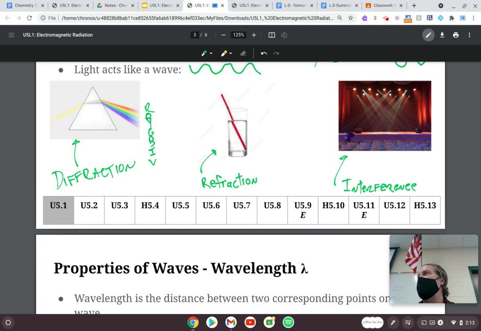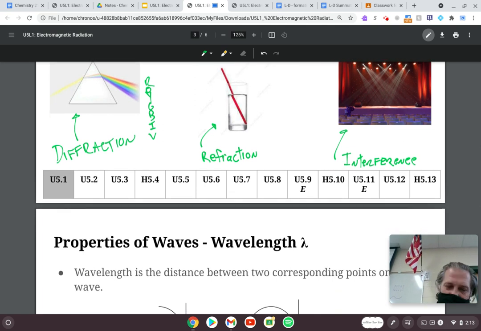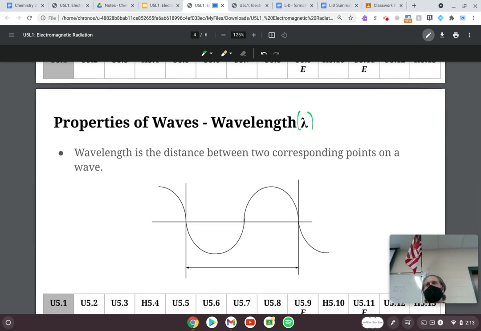So there are some other properties of waves that you're going to be responsible for understanding, and one of them is something that we call the wavelength. The wavelength is the distance between two corresponding points on a singular wave. So in this drawing right here, this part right here is all considered one singular wave, right?